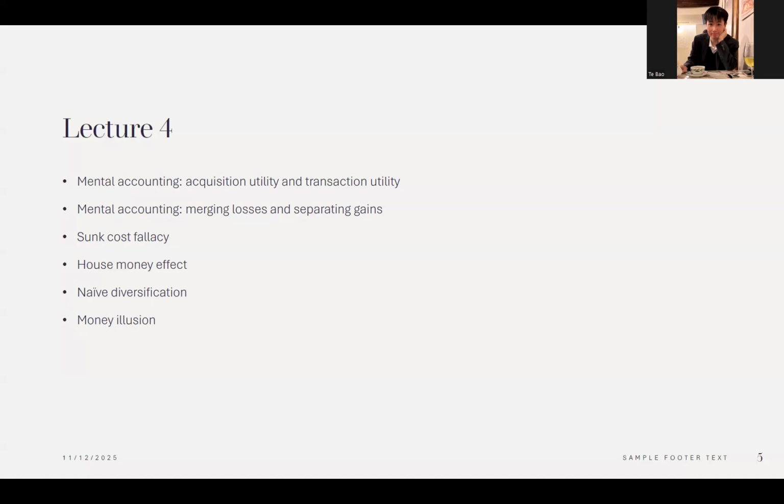For example, if you have points to bid for courses in the course registration system, whether I give you 10,000 points or 20,000 points, as long as everyone gets the same number of points, the ease or difficulty of getting each course will be the same. But people may feel happier with 20,000 points because it looks bigger.